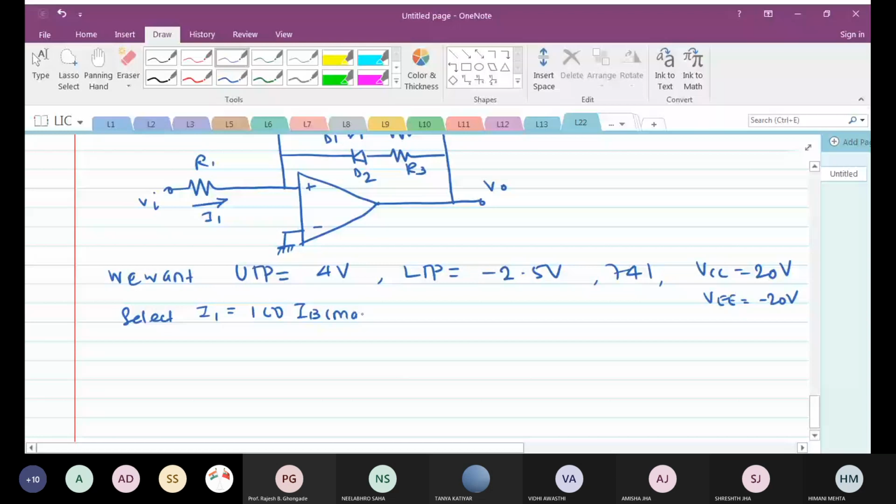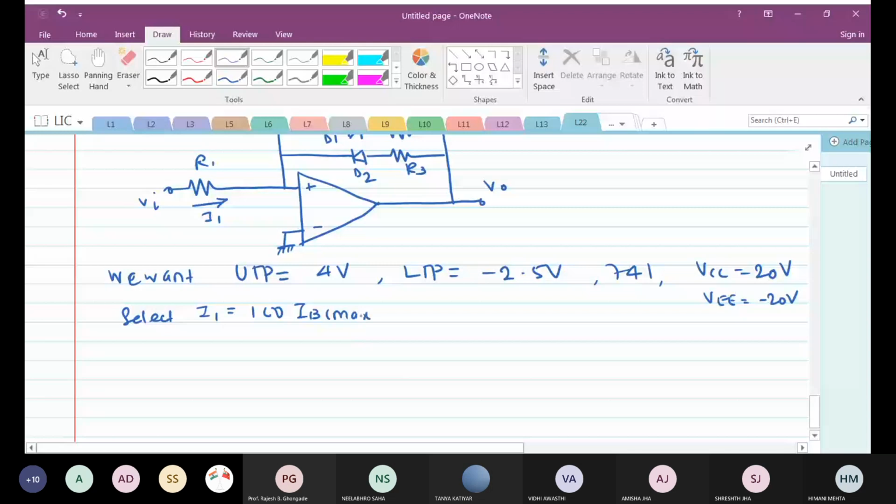For LTP as minus 2.5 volts, R1 is given as LTP by I1. That gives me 2.5 volts divided by 50 microamperes, equal to 50 kilo ohms. So I got R1 directly.